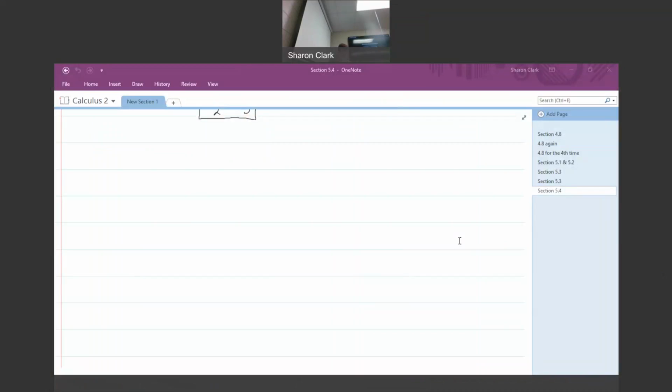Okay, so we're going to finish up those last 4 problems. We're going to evaluate the integral from 0 to ln of 2 of 3 e to the 2x dx.